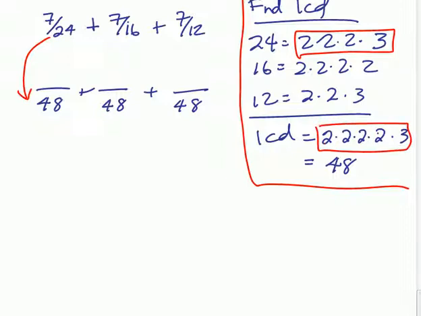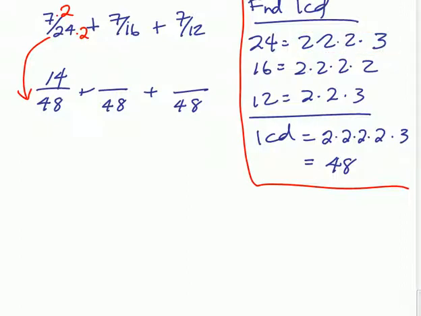And when we take a look at the other ones, here's 16. Here's our LCD. The difference between the two is the 3. So that means 16 times 3 gives us 48, and that tells us what to do to the 7 to give us 21.